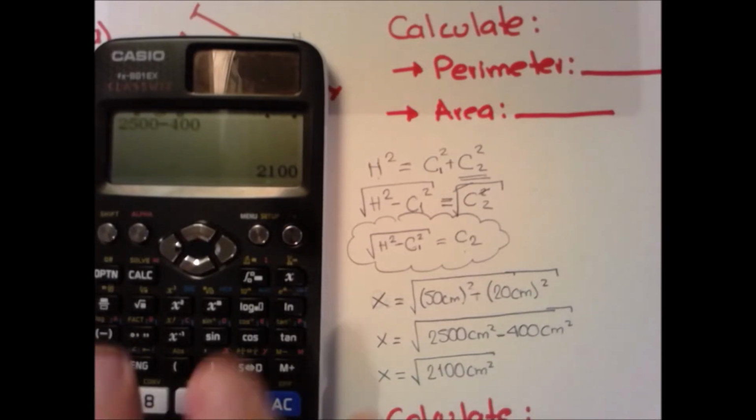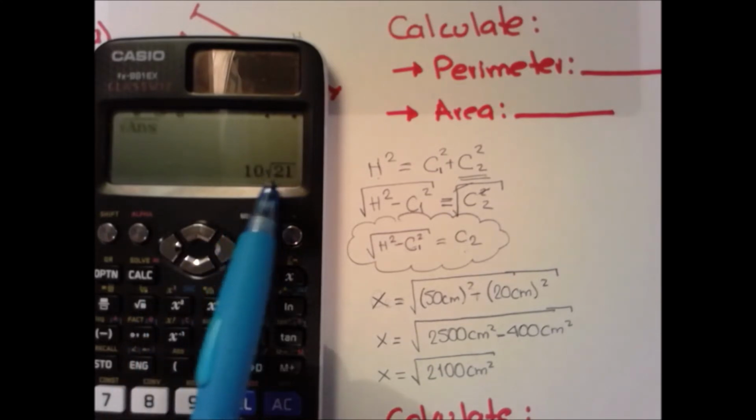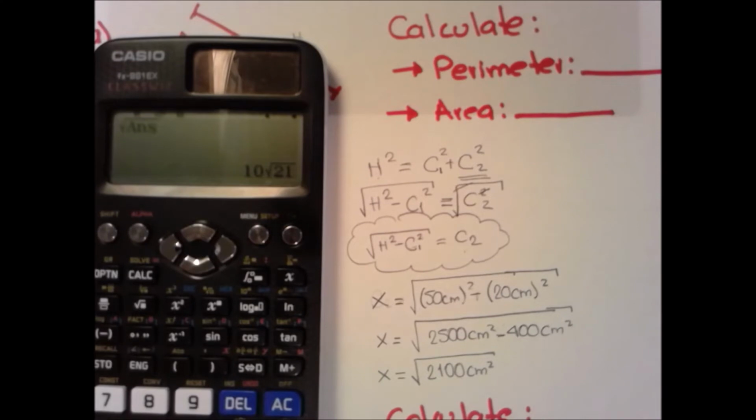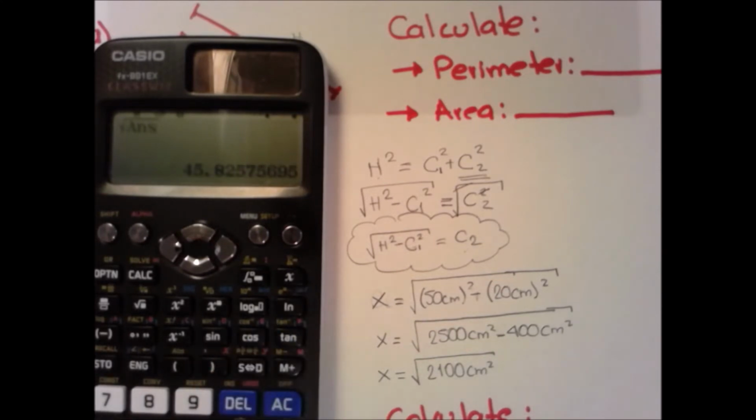But look at this, if I take the square root of the answer, I'm going to have a simplified form of that one, because this is an irrational number. What is an irrational number? That is not an exact root. So this is going to be approximately 45.82, 57, 56, 95, etc.